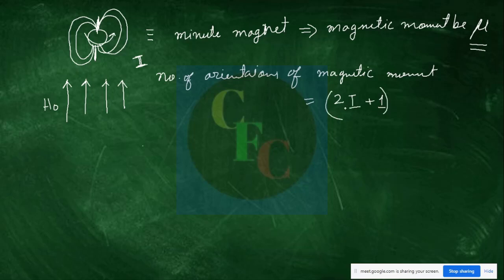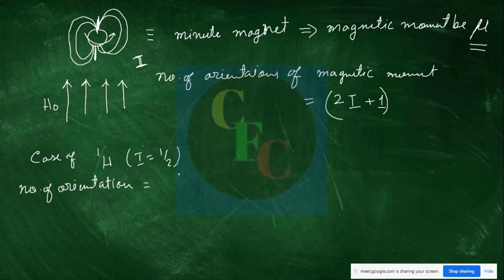So this is the number of orientations that the nucleus, the magnetic moment, can have in an external magnetic field if the spin number of the nucleus is I. So in our case, suppose we take the case of proton, 1H, right? So I equals half. That means number of orientations equals 2 multiplied by half plus 1.